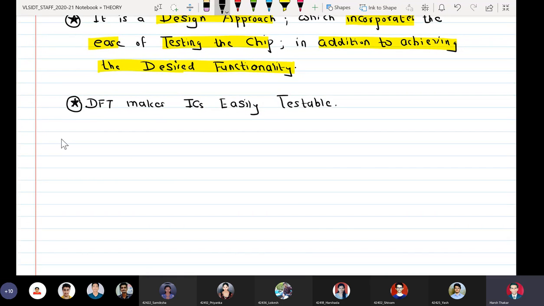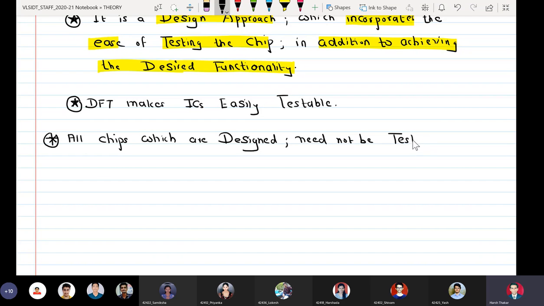That is why we make the point that all chips which are designed need not be testable. It's not compulsory.